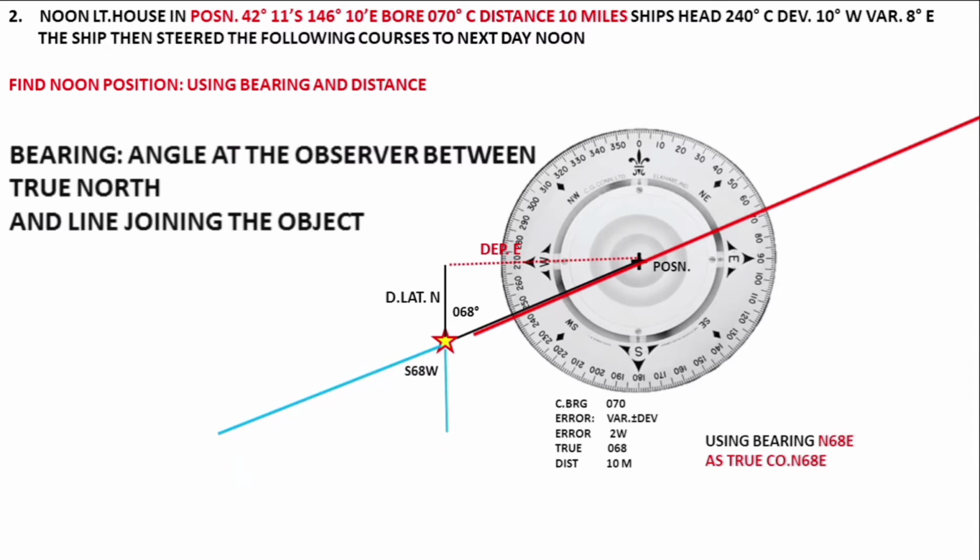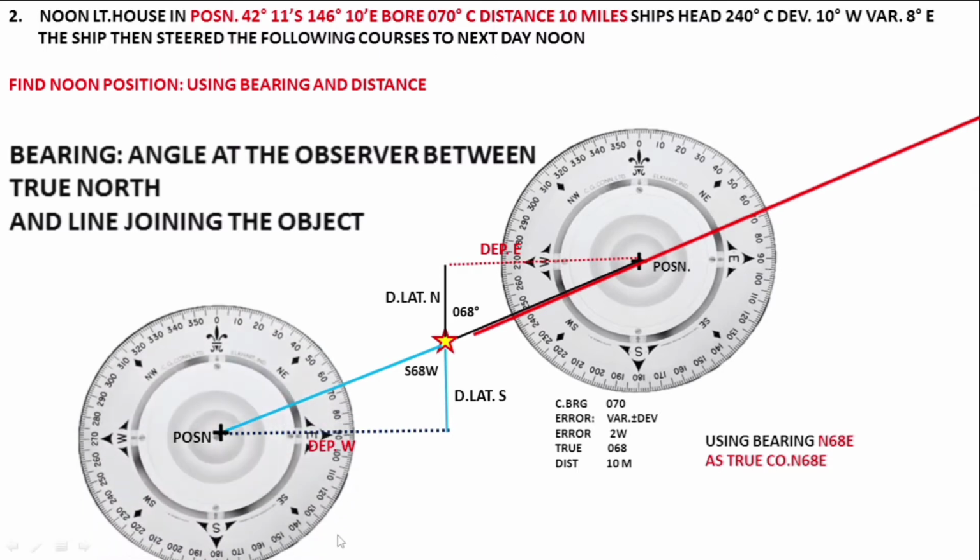But if I had taken the course which is bang on opposite, 180 degrees opposite 068, instead of taking it as northeast, if I had taken it as southwest 68, now my d'lat would be south, departure would be west, and this would be my position. Now if I place the compass there, you see that according to the definition of bearing, this is the angle 68, what is made at the observer between the line joining the observer and the object.